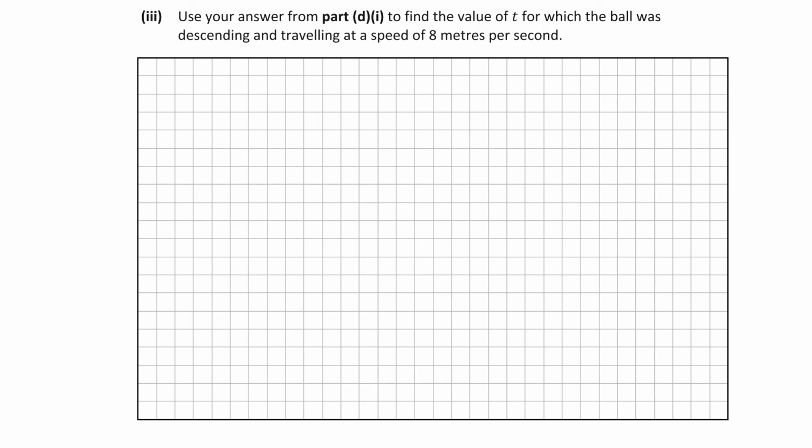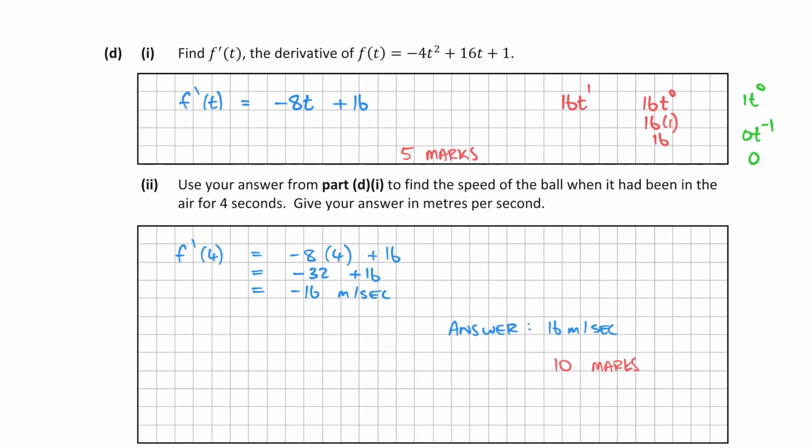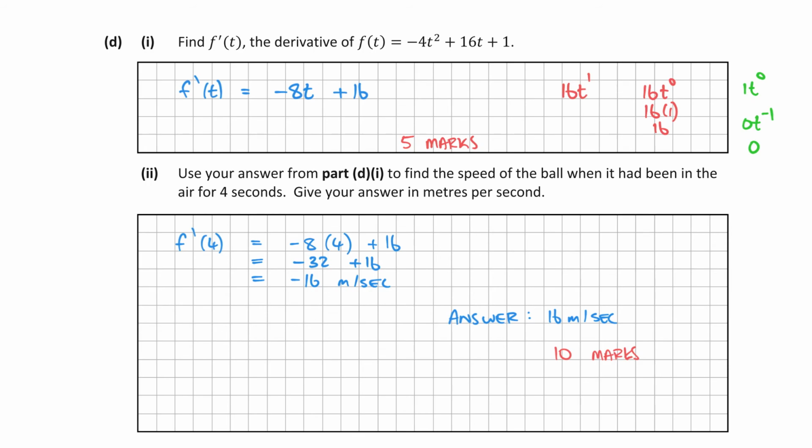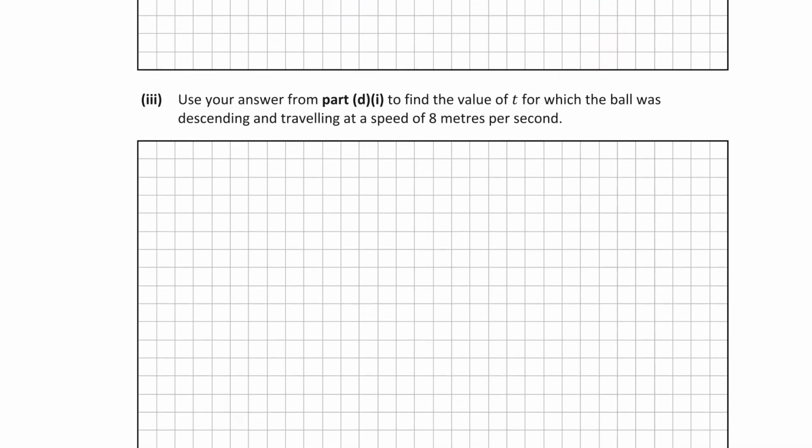We just need to go back and look at part 1. What we got for part 1 was the rate of change, so the rate at which it's changing, which is f dash of t equal to negative 8t plus 16. So that's the speed, the rate of change, I suppose.